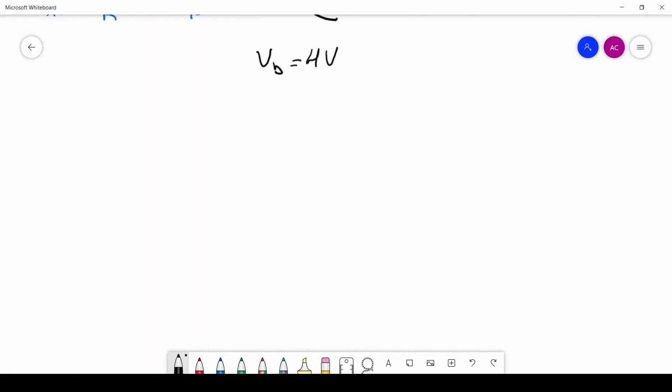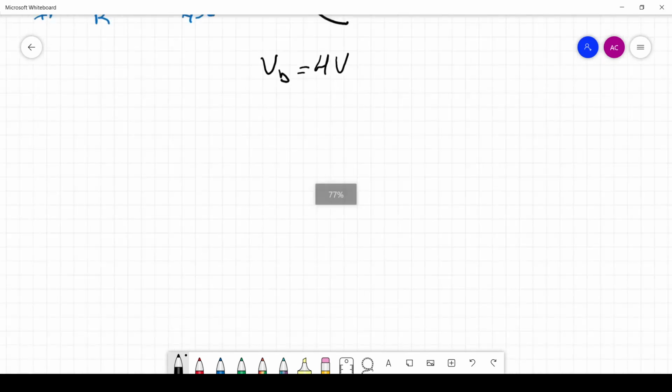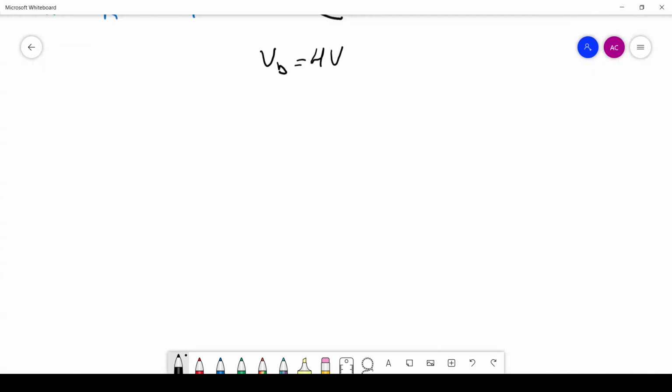This example is going to have more nodes, and hopefully it'll be a little more complicated, but it'll also show you how to solve for these circuits. So now let me write out the circuit. Let's have a 30 volt source going into a 10 ohm resistor.